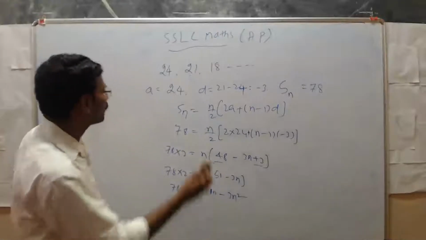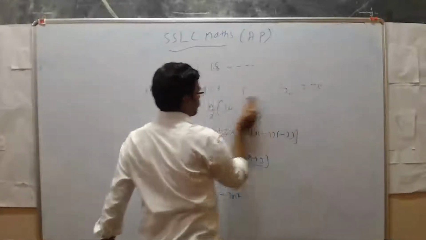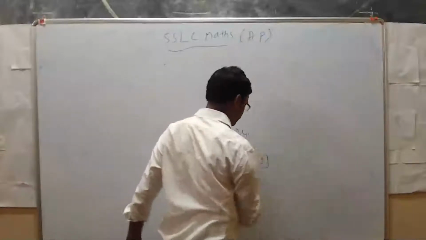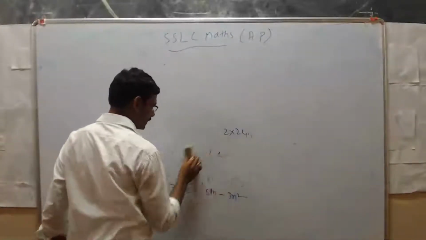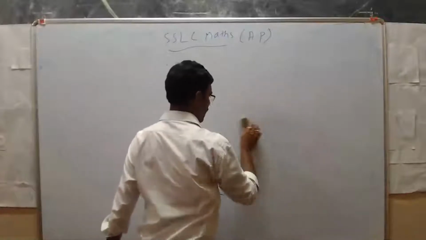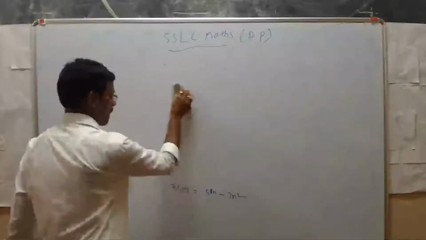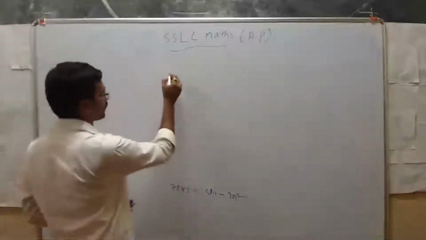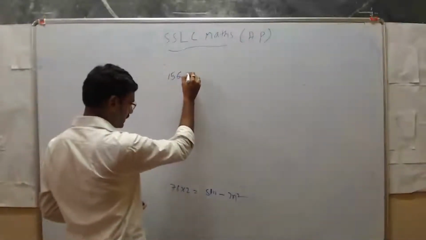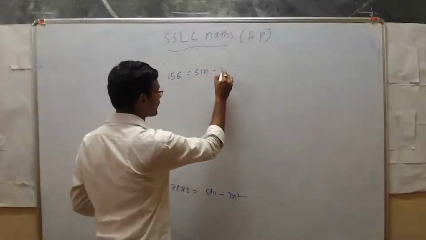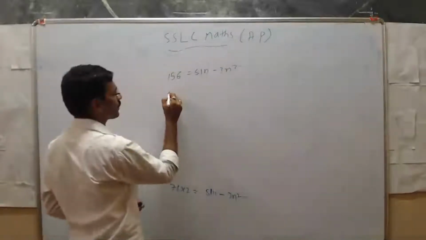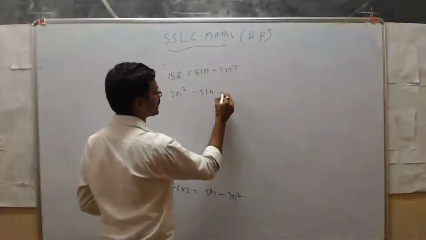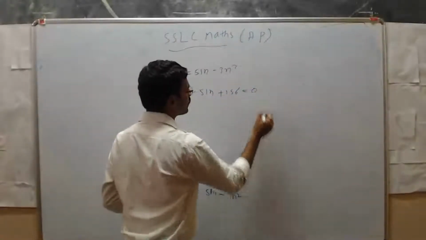Then we have to simplify this to find the value of n. 78 into 2 is 156, so 156 is equal to 51n minus 3n square. Then minus 3n square becomes plus 3n square, and 51n becomes minus 51n, plus 156 is equal to 0.